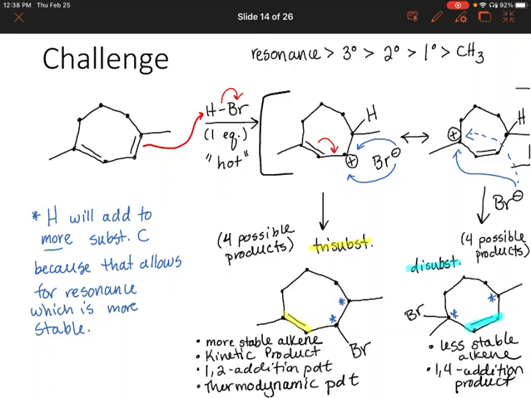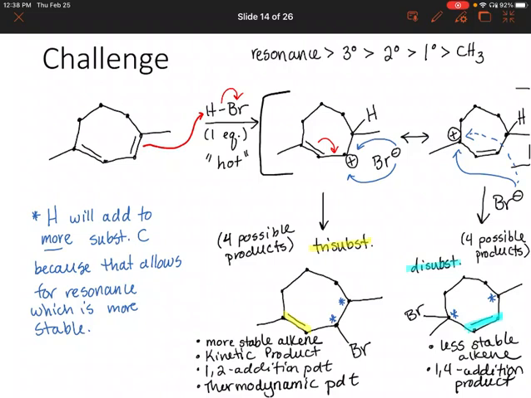So the product on the left is both the kinetic product and the thermodynamic product. All right, so this is a weird example where you might have one product that is super stable. It is formed really quickly, so it's both kinetic and thermodynamic.